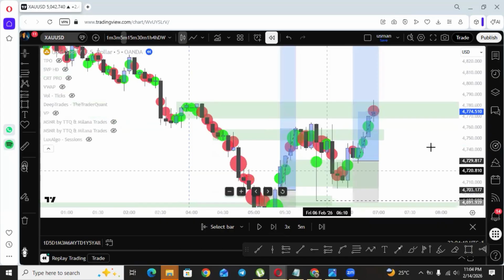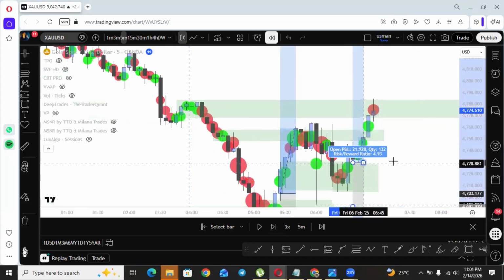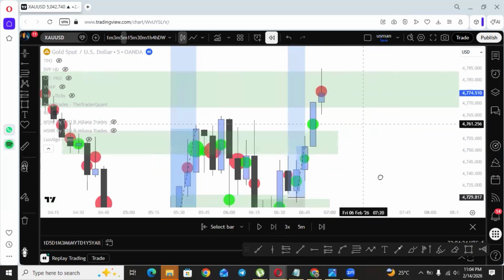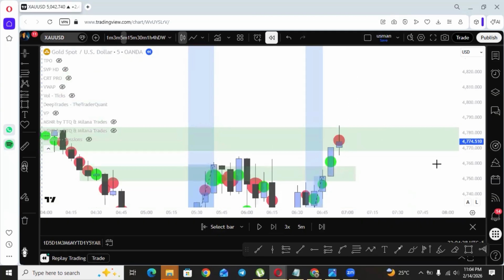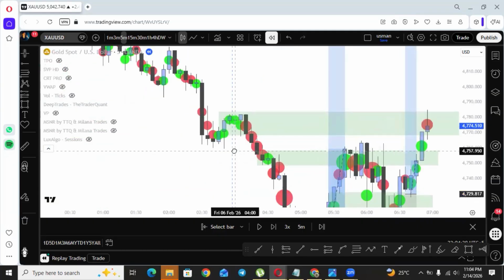Now look, sellers are showing their aggression in this buy candle. Why are they showing their aggression in this buy candle? Because you knew there was a war a long time ago between buyers and sellers. At this point, buyers tried their best to push up, but sellers overcame these buyers, absorbed all these buyers, and took the market down.